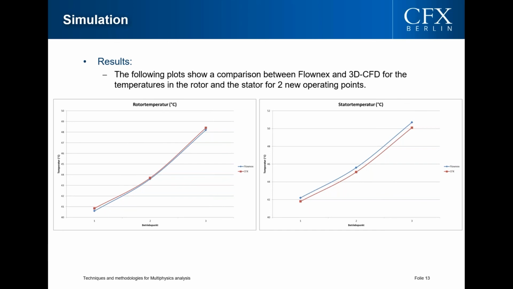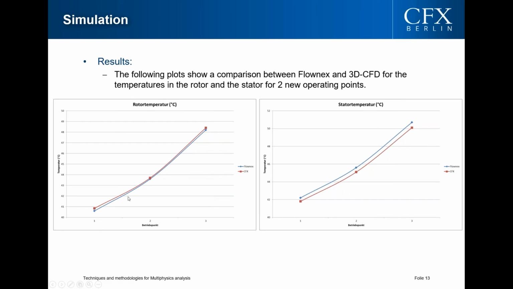Just to show you this method is really working, on this slide we've calculated 3 operating points with the Flownex model, and also with a 3D CFD model, just to check that everything works as we expected. On the left-hand side you can see the rotor temperature, and on the right-hand side the temperature in the stator.